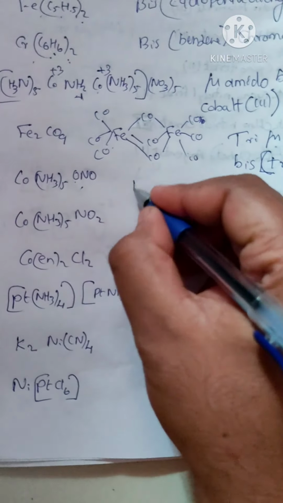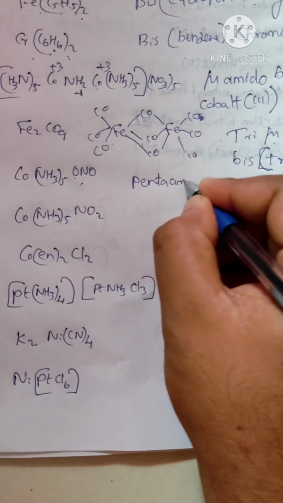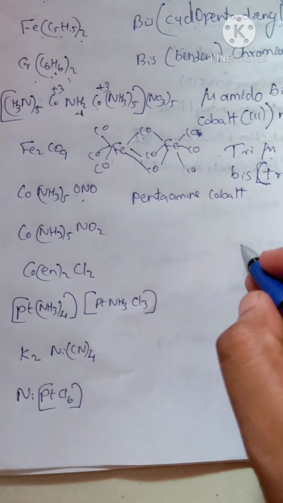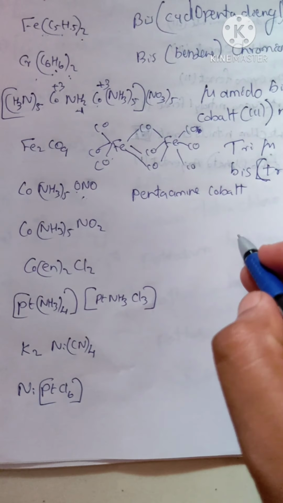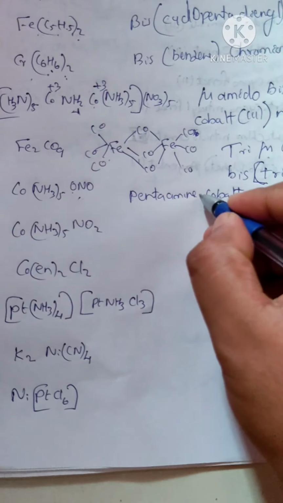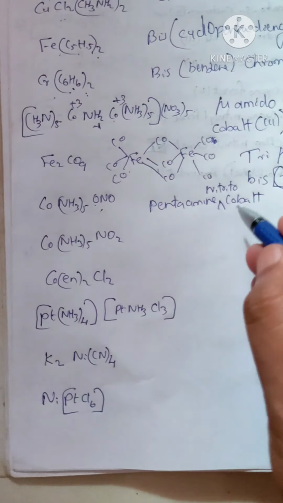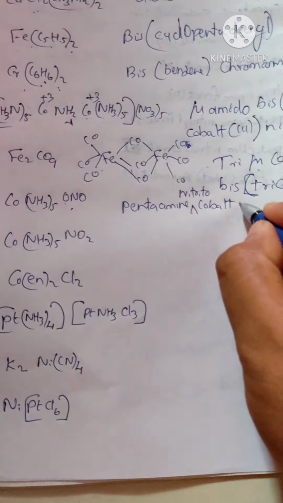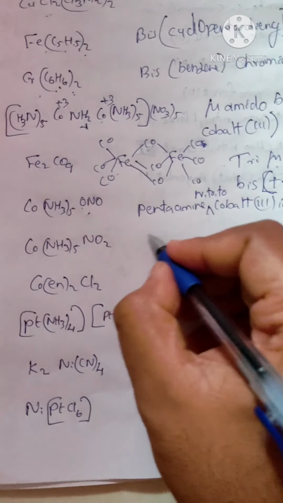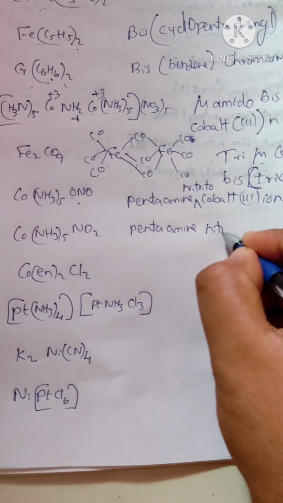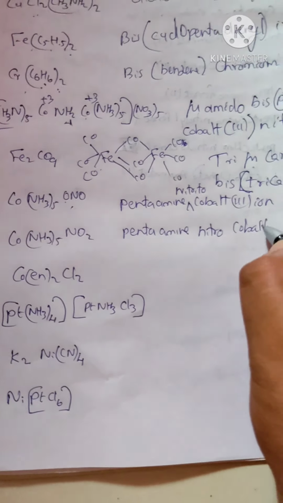So the name of the complex will be pentamine nitrito cobalt 3 ion. Similar way here also pentamine nitro cobalt 3 ion.